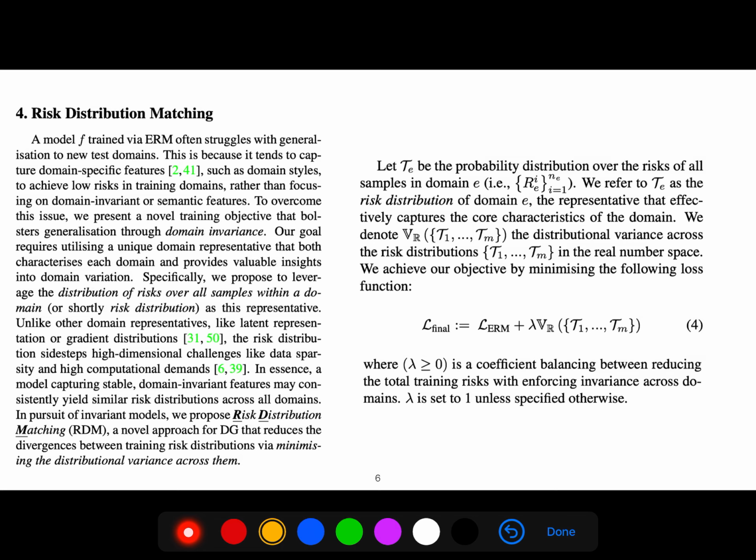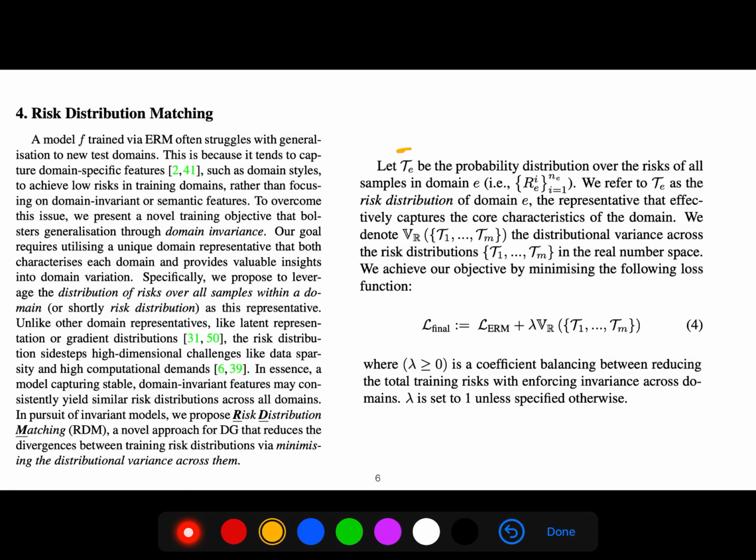In pursuit of invariant models, we propose risk distribution matching, a novel approach for domain generalization that reduces the divergences between training risk distributions via minimizing the distributional variance across them.